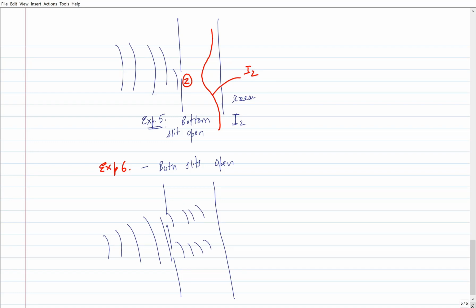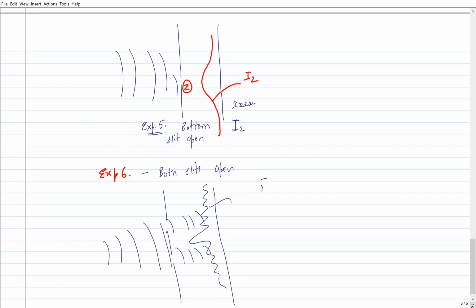And when I see the intensity plot, when both slits are open, the combined intensity looks like this. I12, which is not equal to I1 plus I2. And I see this interference pattern.